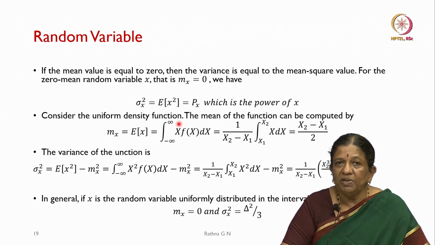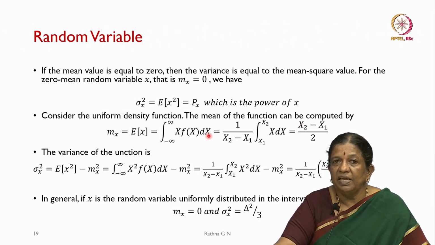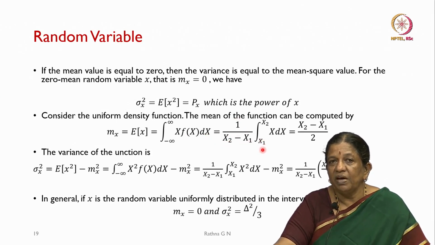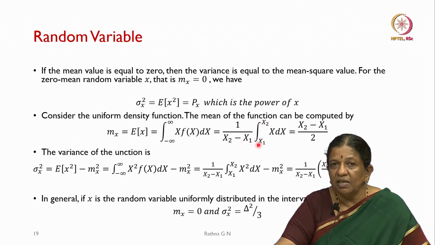Consider the uniform density function. The mean of the function can be computed as mx equals the expected value of x, which is the integral from minus infinity to infinity of x into f of x dx. Substituting the uniform density 1 by x2 minus x1, the integration from x1 to x2 of x dx results in x2 plus x1 divided by 2.